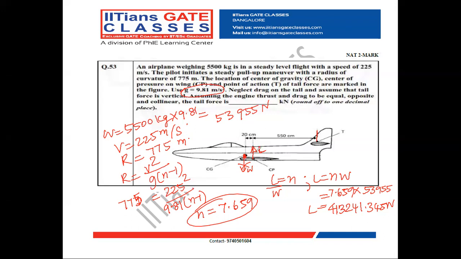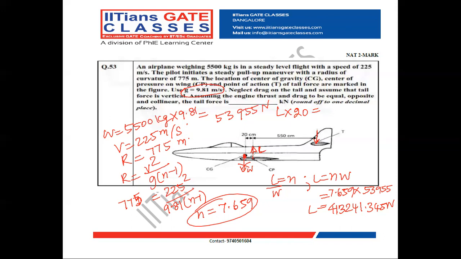Now, what is the distance between lift and center of gravity? It is L into 20 centimeter, because it is balanced by the tail force which is acting downward.